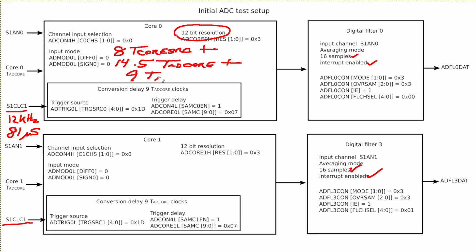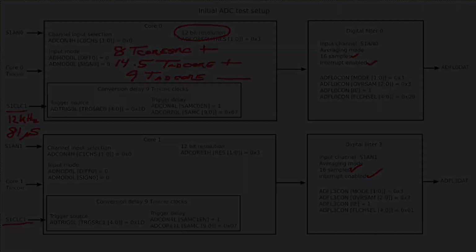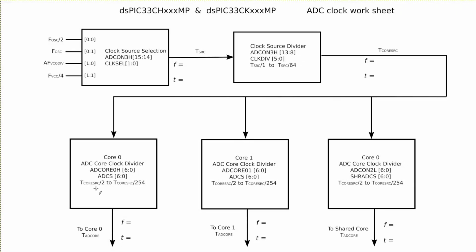To that, I'll add the 9 TAD core clocks from the conversion delay settings. These 9 TAD core clocks will be the sampling time for the sample hold capacitor. Even though the T-core SRC at a maximum is half the clock time of a TAD core, I'll add all the clock times together to give me a starting point.